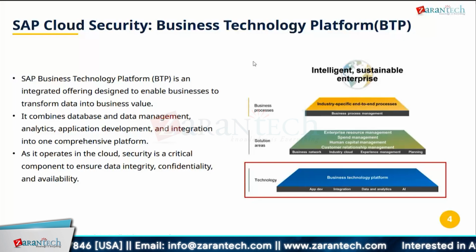Because even if they had Ariba or SuccessFactors, there was always coordination required with Microsoft Azure, or any other cloud platform like Alibaba Cloud or Google Cloud. So there was always something required when it comes to an overall wholesome solution for cloud in terms of SAP. So that's where the need for BTP came in.